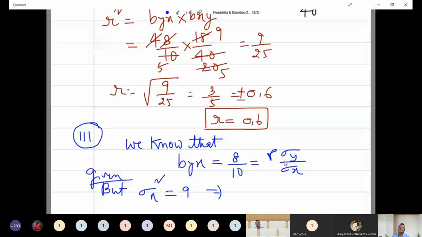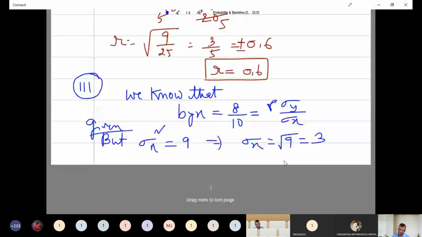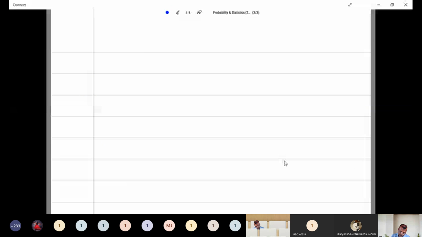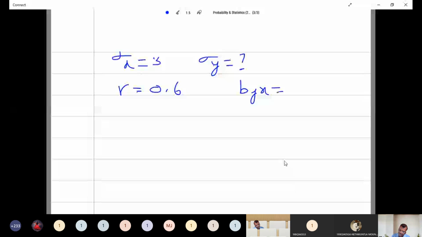Okay. Now I can move into the next phase. Therefore, sigma x is equal to 3, and we need to find out sigma y, that we have to put as a question mark. And r is equal to 0.6. Byx is equal to 8 by 10.